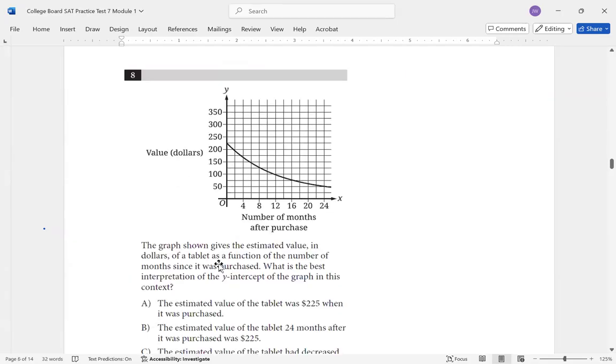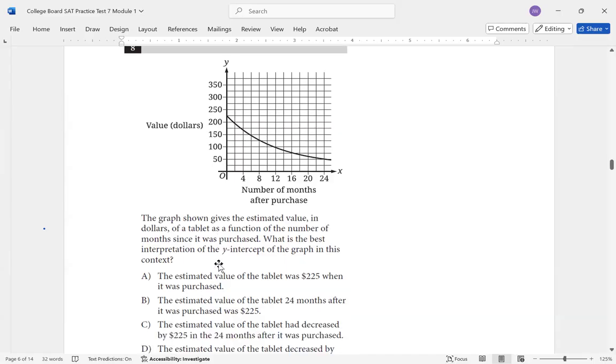Question 8. The graph shown gives the estimated value in dollars of a tablet as a function of the number of months since it was purchased. Which is the best interpretation of the y-intercept of the graph in this context?